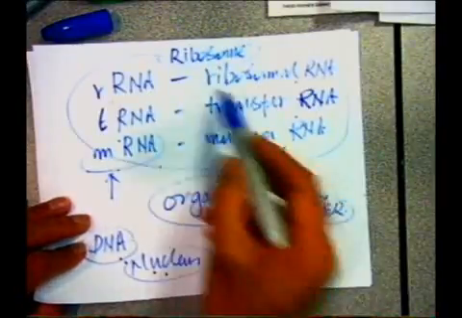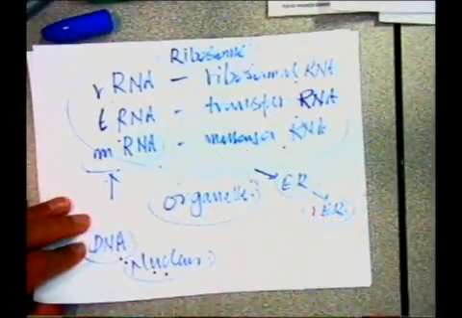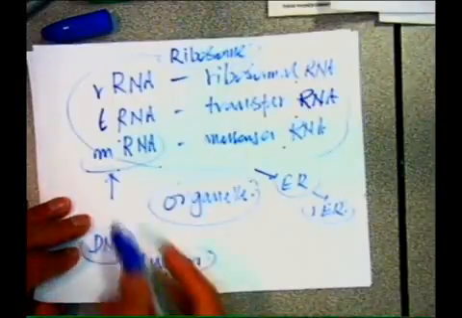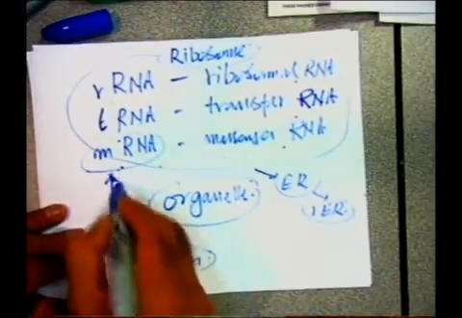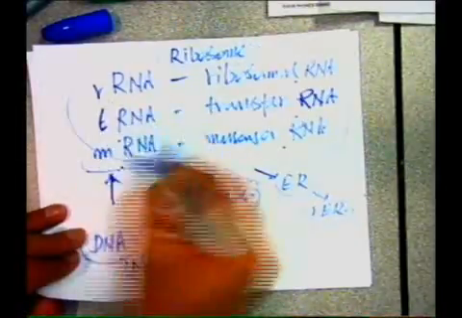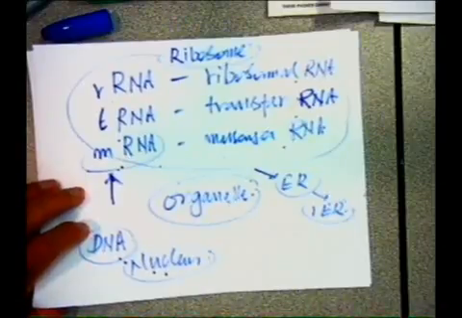The main function of the ribosome is to synthesize protein. From where? From the messenger RNA. The messenger RNA is coming from DNA. So it is a combination of all RNAs, and then they constitute the function.